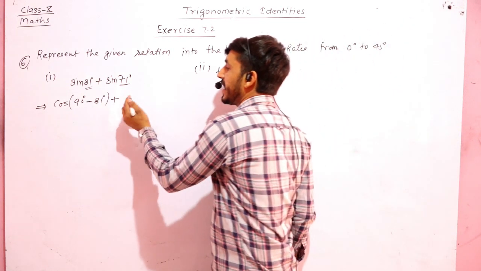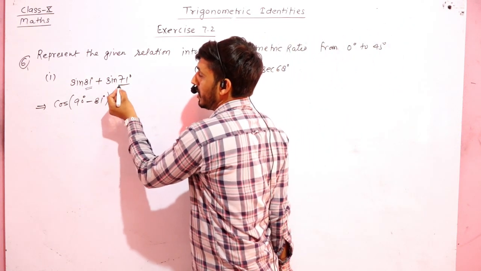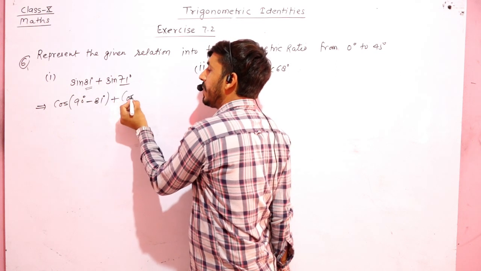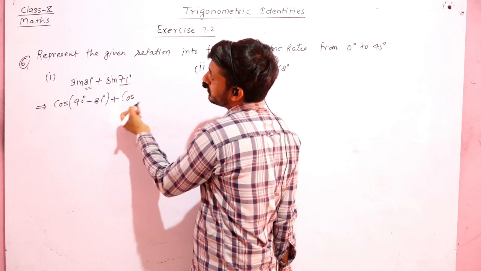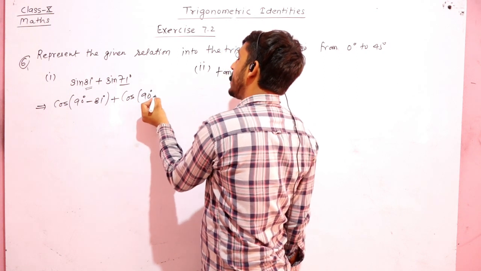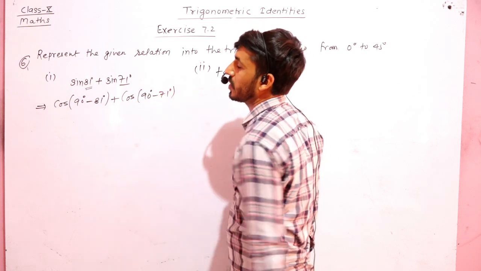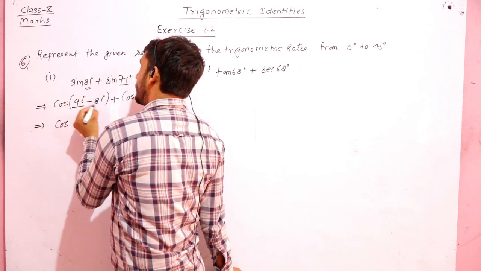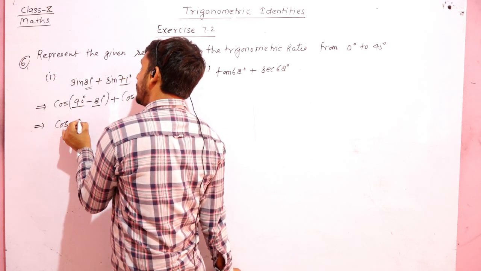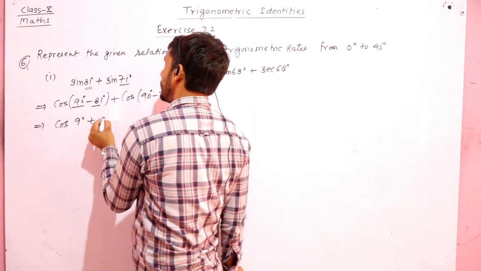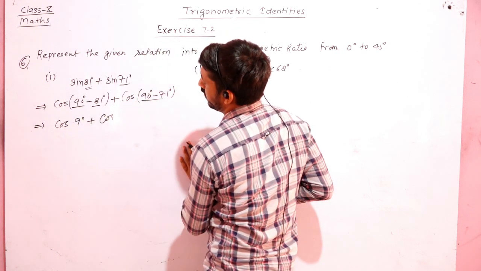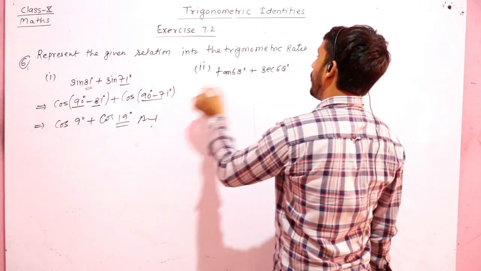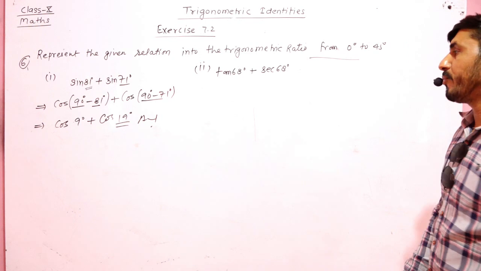The helping trigonometric ratio of sine is cos, and we can write 90 degree minus 71 degree. If we subtract 81 from 90 degree, we obtain 9 degree, and plus here, subtracting this one, we obtain 19 degree, as this is the desired relation for angle 0 degree to 45 degree.